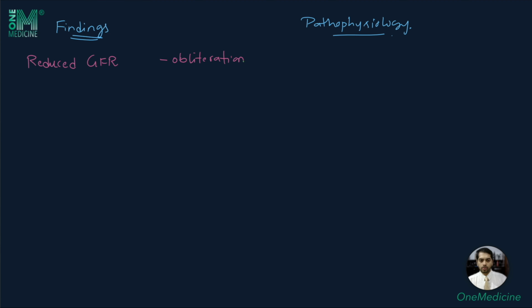Before we look at the causes of tubulointerstitial diseases, let's look at various findings that are seen in tubulointerstitial diseases and the pathophysiology behind each of these findings. The first finding is reduced glomerular filtration rate, which is caused by obliteration of microvasculature and obstruction of tubules.